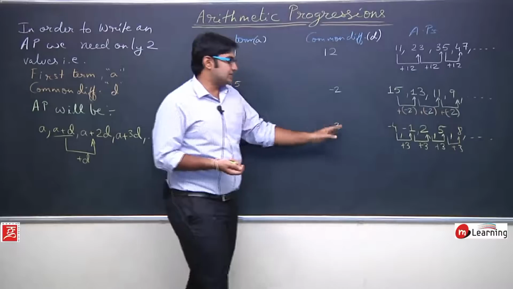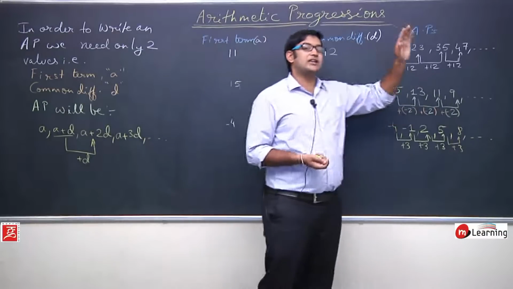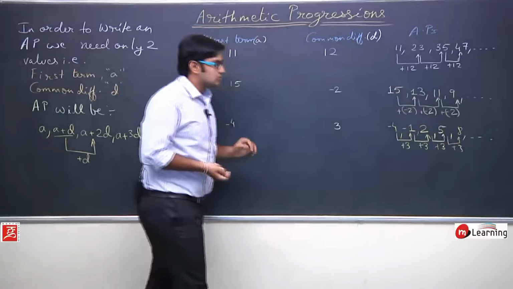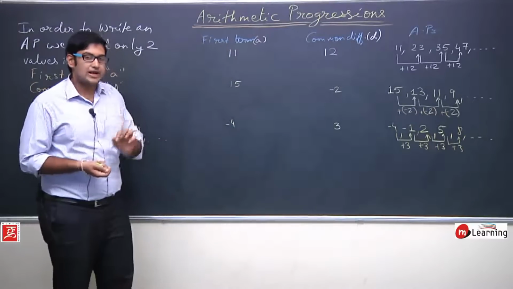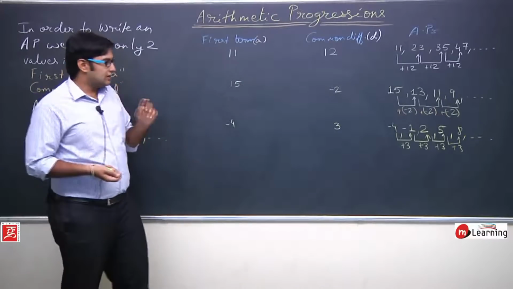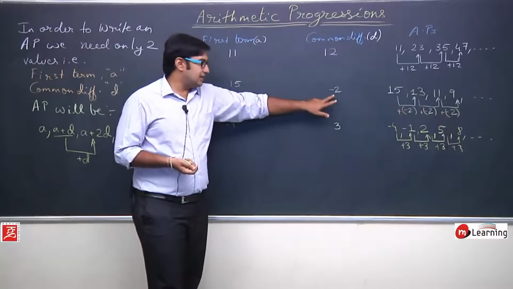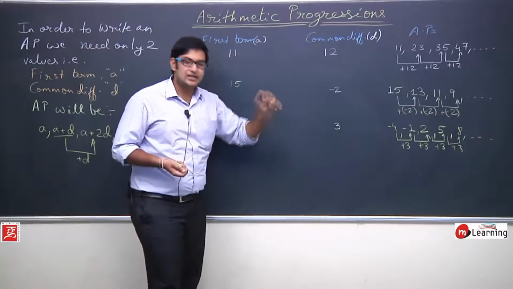If common difference is positive, my arithmetic progression will go on increasing. Okay. So this is a basic concept. You can write this down in your notebook also as points to remember, that if D is positive, AP is increasing. If D is negative, AP is decreasing.